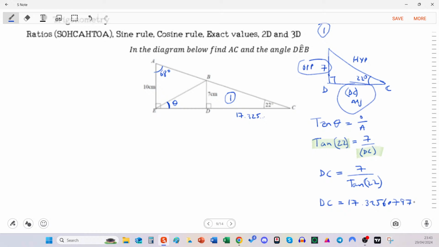So I'm going to write as many decimal places as I can so that I don't need to recalculate that later. Actually, it's not too bad. I could just put that in the calculator. But whatever. Now we're going to focus on the overall triangle.